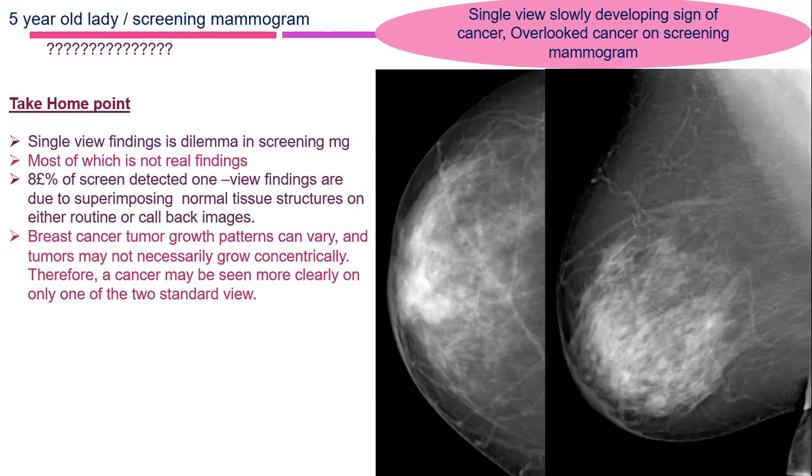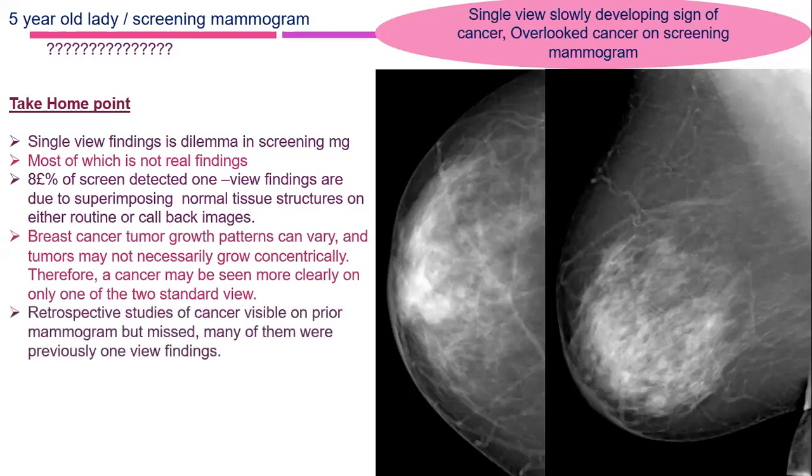Still, most single view abnormalities are normal tissue. That is why it is a dilemma, especially for screening. If the patient is diagnostic, it will be easier.